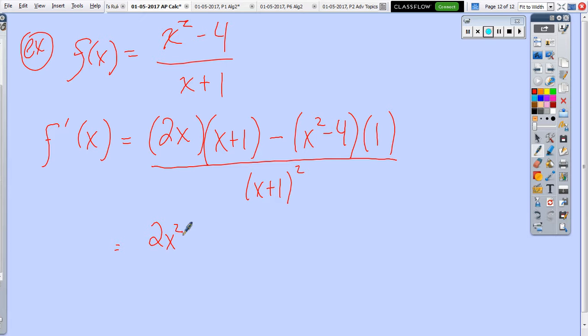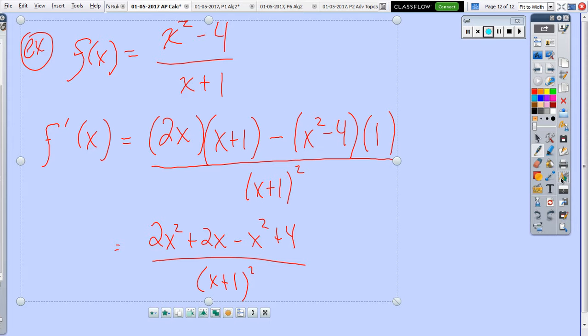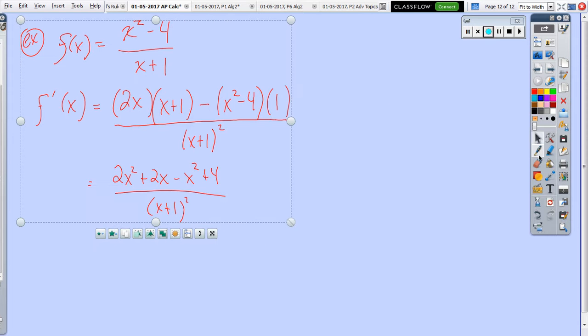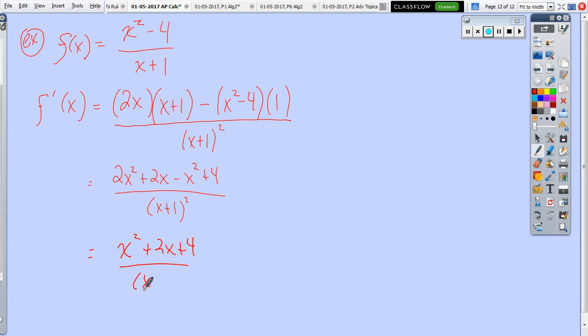That gives 2x squared plus 2x minus x squared plus 4, all over x plus 1 squared. I'm going to leave the denominator the way it's written because it's convenient. 2x squared minus x squared is just x squared, so we get x squared plus 2x plus 4 all over x plus 1 squared.